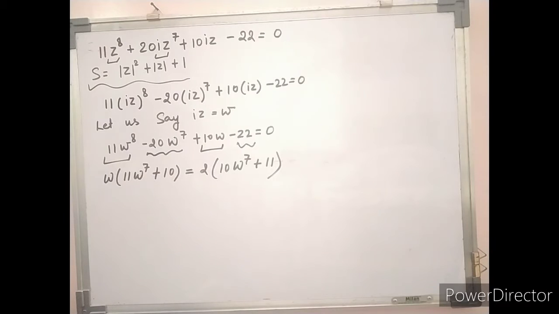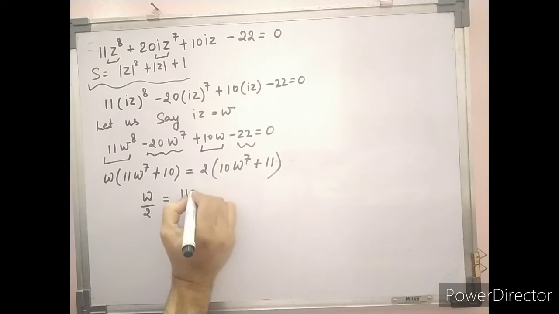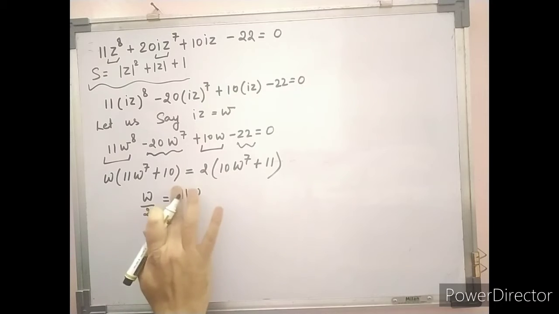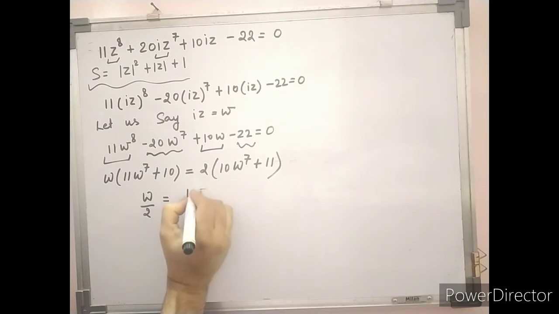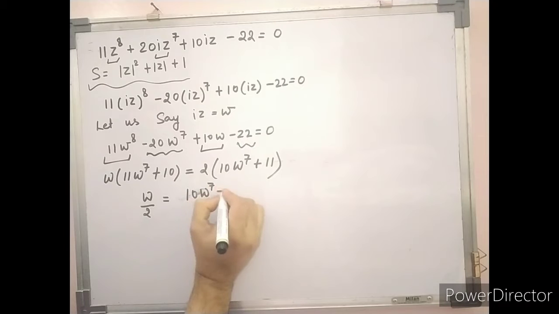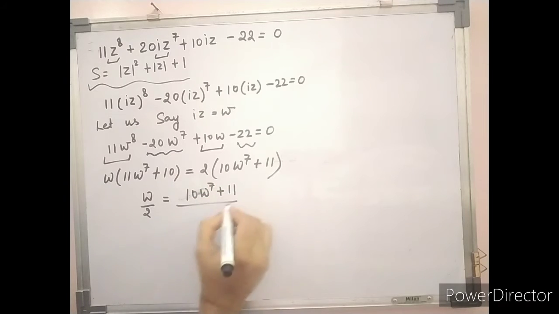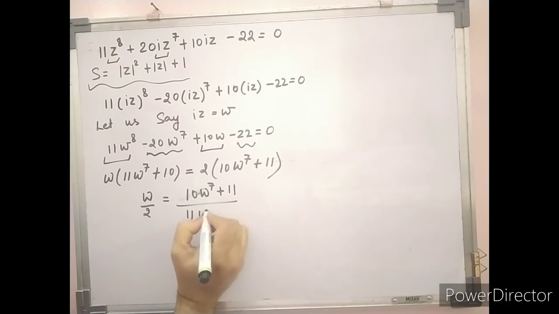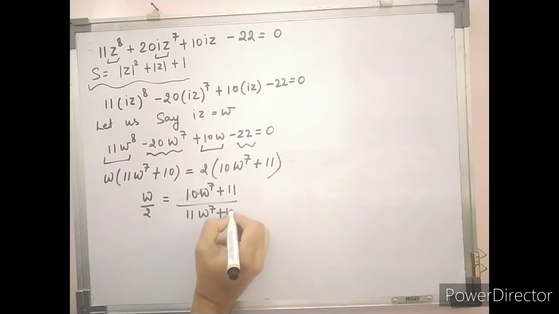Now see, I want to discuss something ahead of this course at a particular point of time. W by 2 is equal to 10 W to the power 7 plus 11 divided by 11 W to the power 7 plus 10.